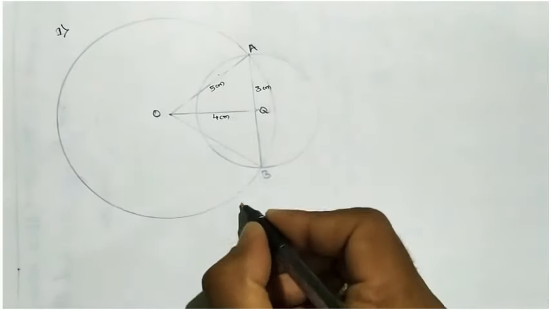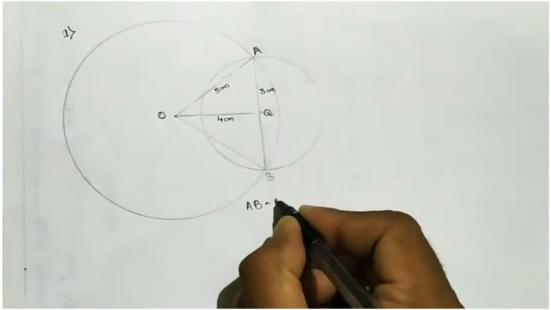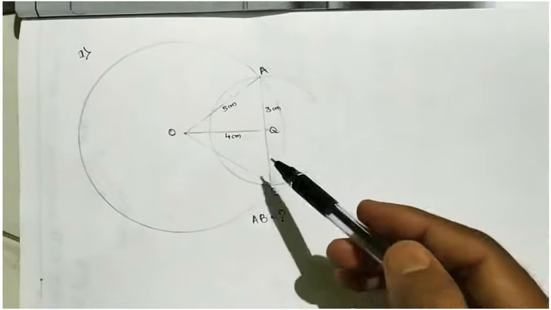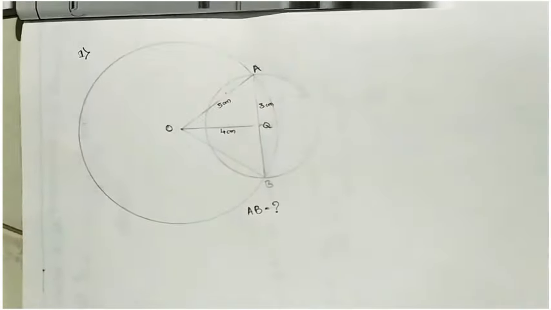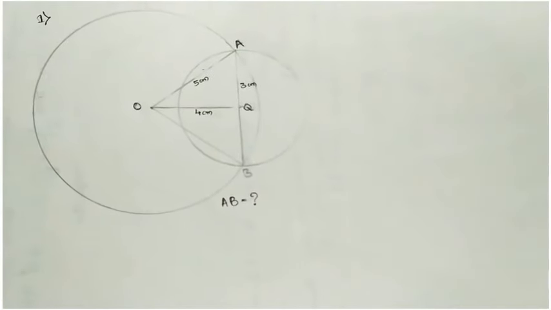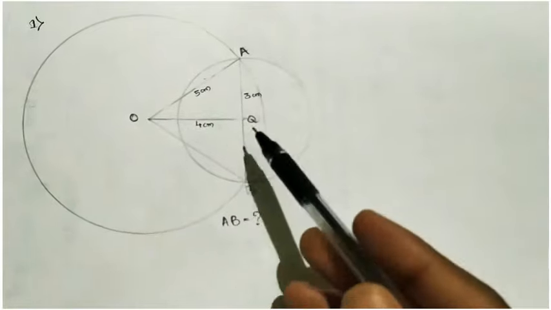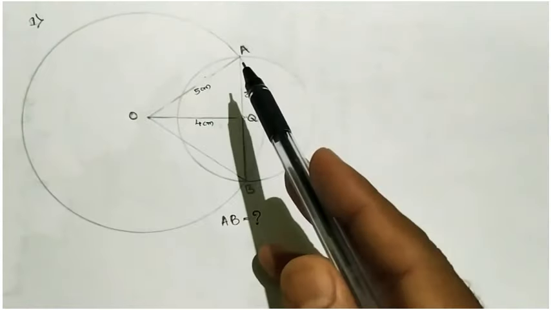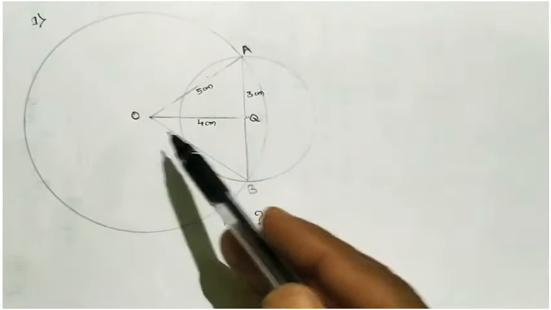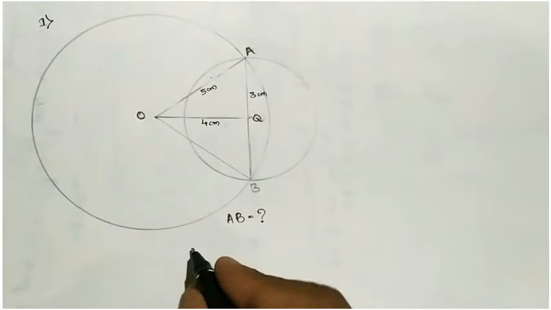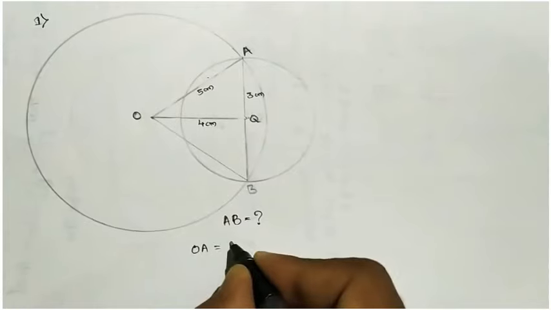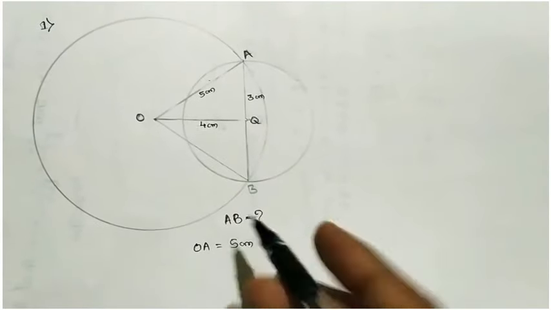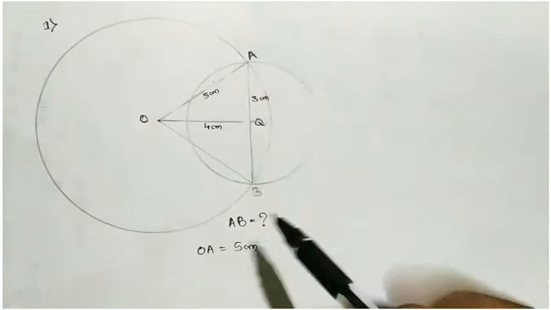Now we have to find the length of AB. For this you have to join QA, QB, AO and BO.